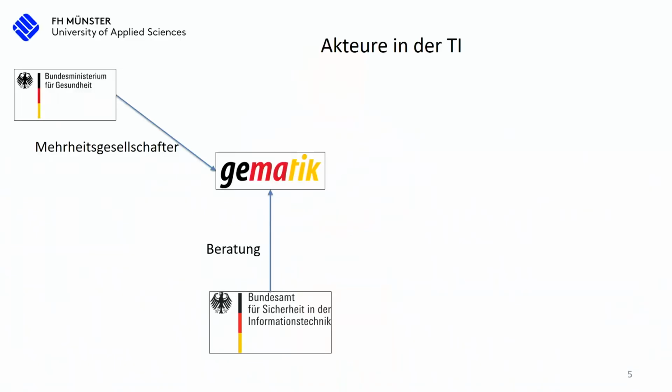And Gematik here in the center, they specify the infrastructure itself, the services, the components, the applications. They don't do this by themselves, but they do this in connection with the Federal Office for Security and Information Technology, and they create different guidelines there.